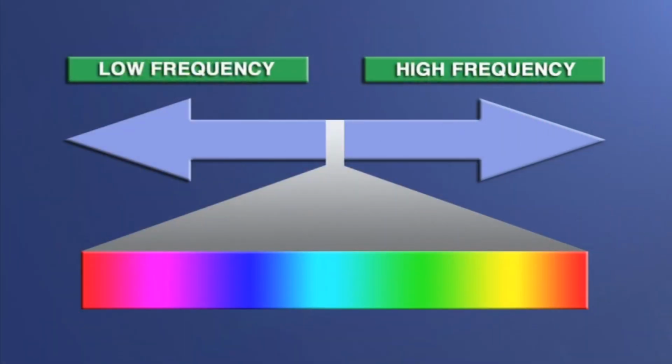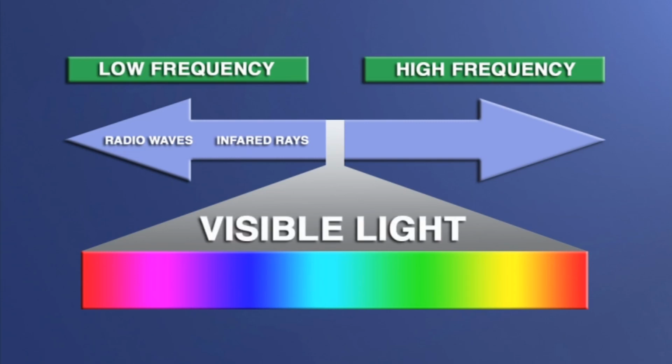All electromagnetic waves travel at the same speed but have different wavelengths and frequencies. The electromagnetic spectrum is made up of radio waves, infrared rays, visible light, ultraviolet rays, X-rays, and gamma rays. As you can see, light waves fall somewhere in the middle of the spectrum.